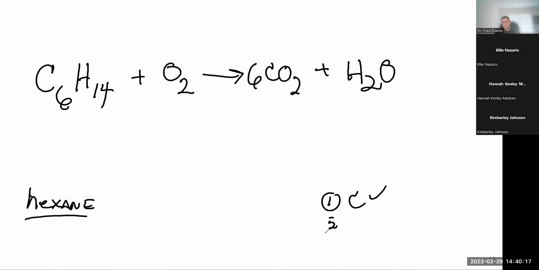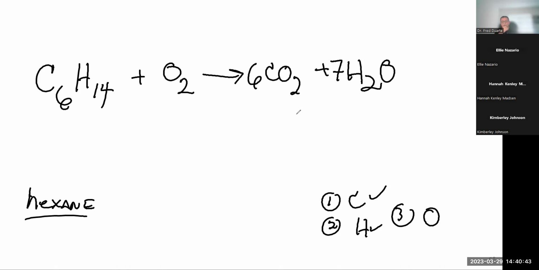Number 2, balance the hydrogens. We have 14 hydrogens on the left but only 2 on the right in the form of water. But if I put a 7 in front of H2O, that gives me 14 hydrogens. So my hydrogens are balanced. Okay. And then finally, the last element is the oxygen.